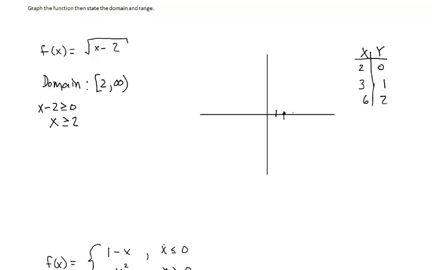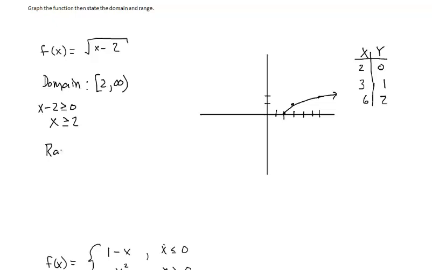And then 3, 1 is a spot on the graph. So we have a dot here. And then 6, 2. 4, 5, 6, 2. And then we can draw our function. And now we want to look at the range. So we can see that there are no negative numbers in our range.